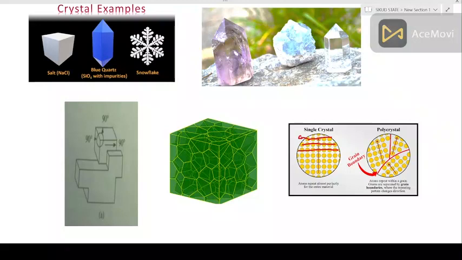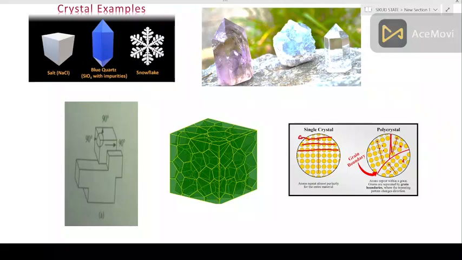In this region, the arrangement is something like this. In this region, the arrangement is different from this, and in this region it is different from these two regions. So atoms are repeating within a grain, and grains are separated by boundaries that are called grain boundaries. The repeating patterns are randomly oriented.